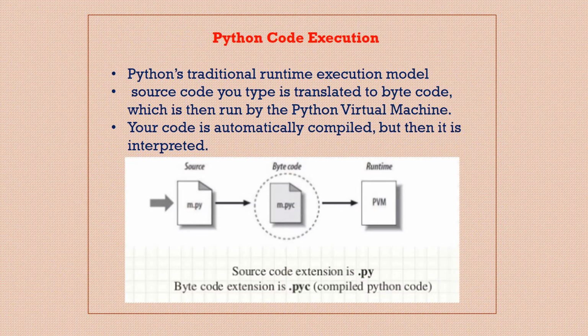So after installing Python, you may want to know how this Python is going to work, what kind of execution environment it is providing. Before we actually type a few lines of code, let me just give you an understanding of how this code execution happens in a Python environment. Python has a traditional runtime execution model.